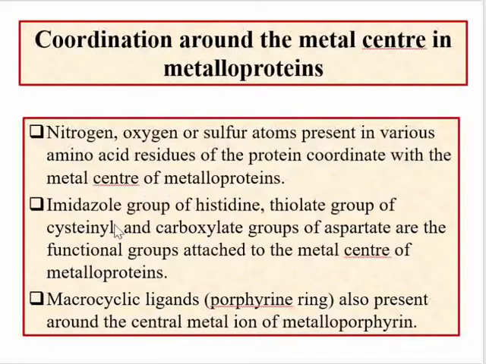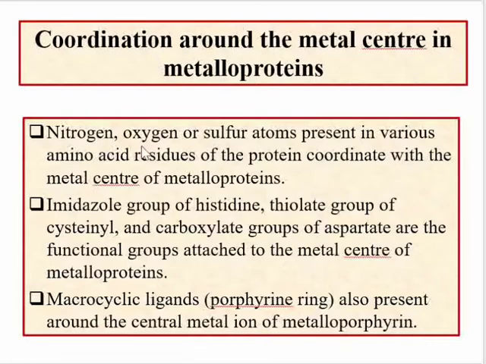Like the imidazole group of histidine, which contains nitrogen. The thiolate group of cysteinyl, that is the sulfur present in cysteine, and the carboxylate group of aspartate are the main functional groups that are directly attached to the metal centers of the metalloprotein.